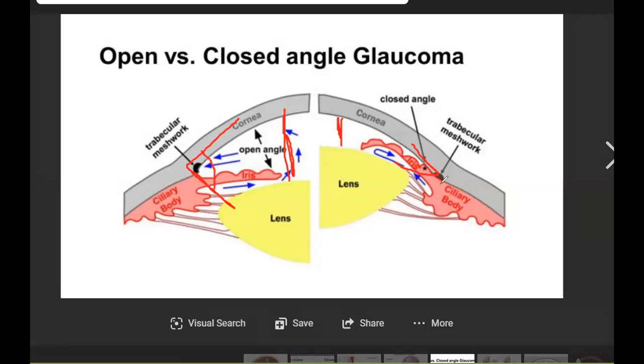This angle is blocked by the muscles of the iris, and the trabecular meshwork is blocked, so the aqueous humor cannot flow out. This region is also called Schlemm's canal. In open angle glaucoma the trabecular meshwork and Schlemm's canal are open, so it is not that difficult. But closed angle glaucoma is very crucial because it is blocked.